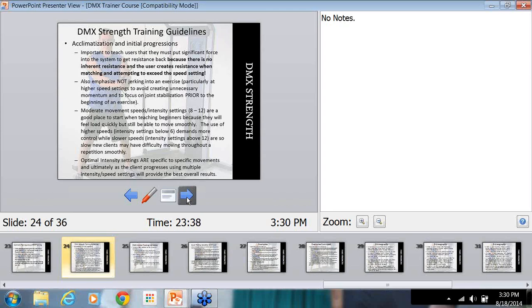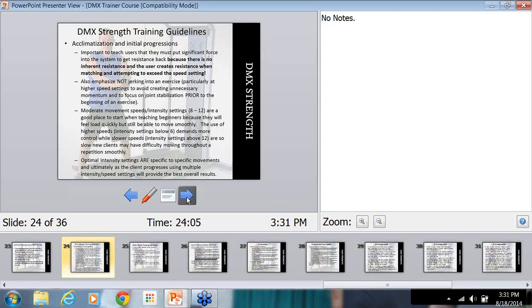Moderate movement speeds, which correspond to intensity settings on the machine between 8 and 12, are probably the best place to start, because you'll feel the load quickly, but you'll still have smooth movement. If you do high speeds, this is odd, but settings below 6, which are higher speed, they feel lighter, but in fact you're setting the movement speed higher, and they're going to demand a whole lot of control.